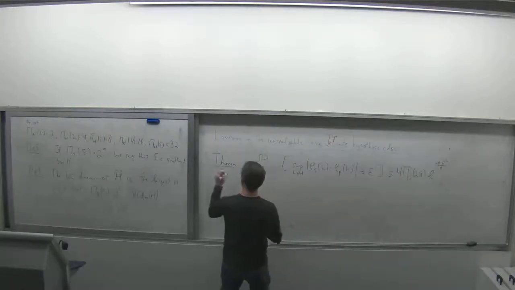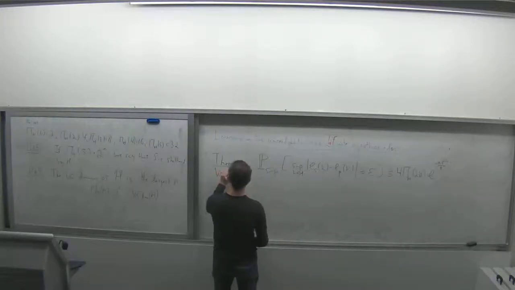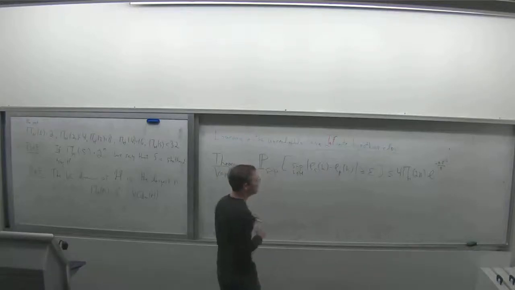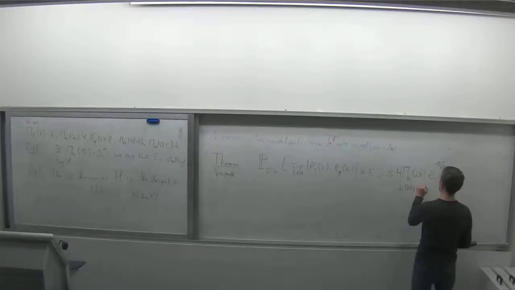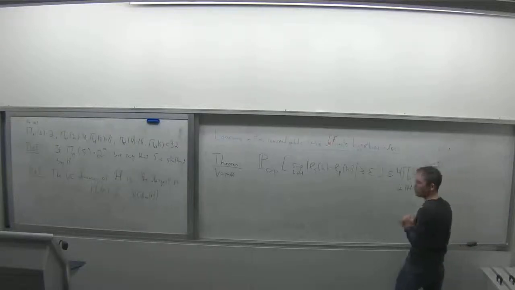This theorem is due to Vapnik, somewhere in the 70s. And before, we had 2|H| e to the minus 2n epsilon squared. Yes?